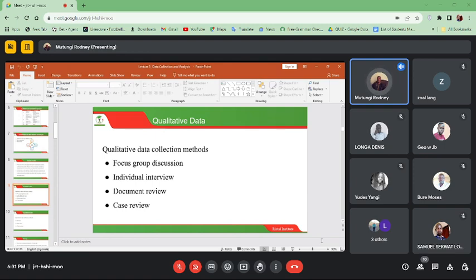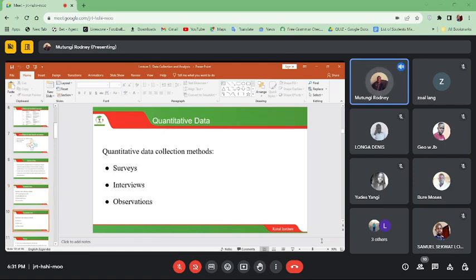Case review is just following up on, for example, a group of people who have certain characteristics, or only one person, and then you really collect that in-depth data, because here we are looking at qualitative data which should be in-depth and should be rich. Okay, so the other, when we look at quantitative, here we are going to use surveys.